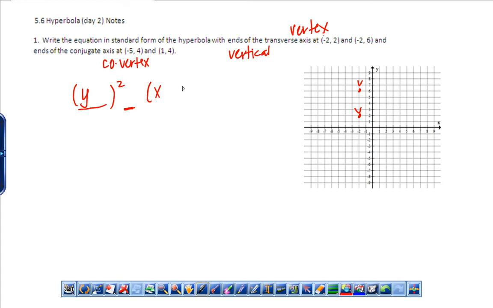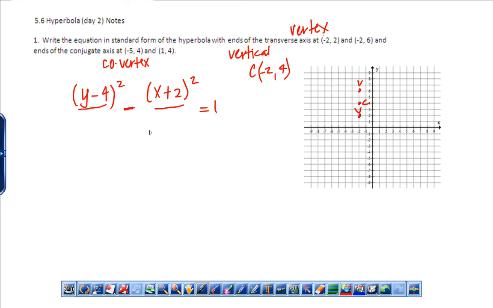And then you've got x minus quantity squared, and that's equal to 1. Since we've got a vertex right here, we can count in the middle, and that gives you a center right here. So your center is negative 2, 4. So this is going to be plus 2, and this is going to be minus 4.